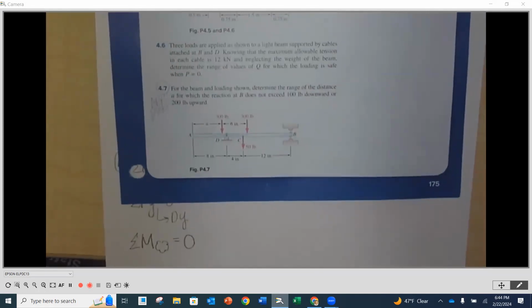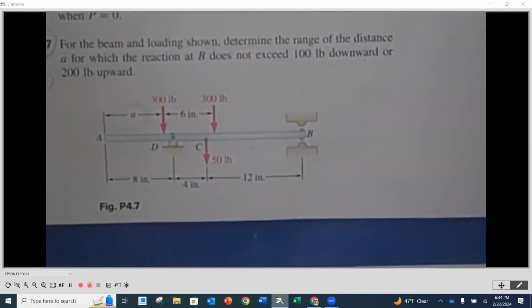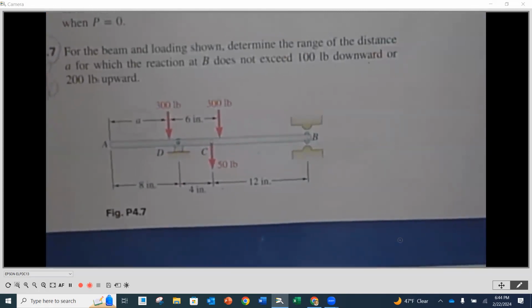Just in case you can't get the book open, go ahead and draw the free body diagram for 4.7, part B. B is going to be going up at 200 pounds this time.